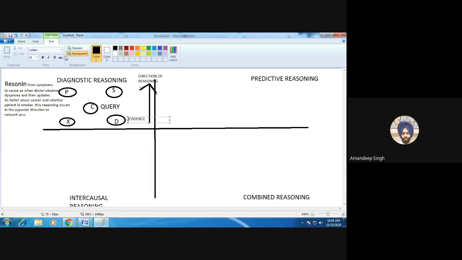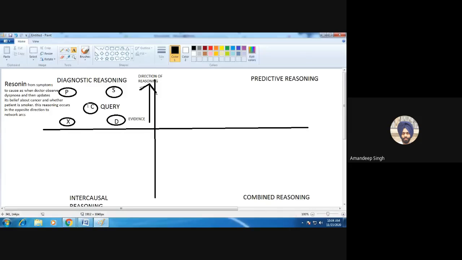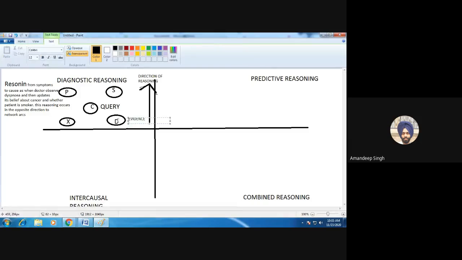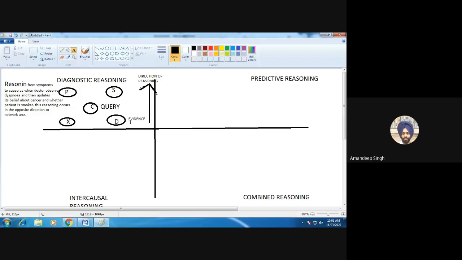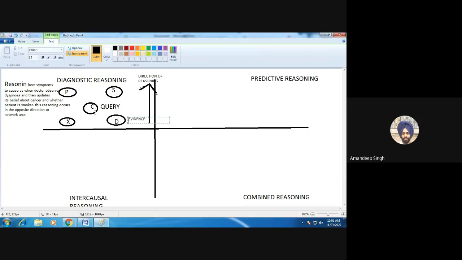So the reasoning here is happening in the upward direction, the opposite direction, right? Otherwise, in general, when we drew this Bayesian network, we were coming from upside to downside, from causes towards symptoms. Now here we are given this evidence, shortness of breath, or dyspnoea, and from it we are trying to determine its cause, in the upward direction.